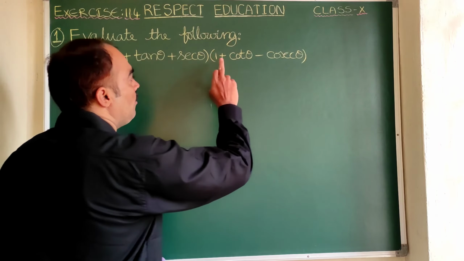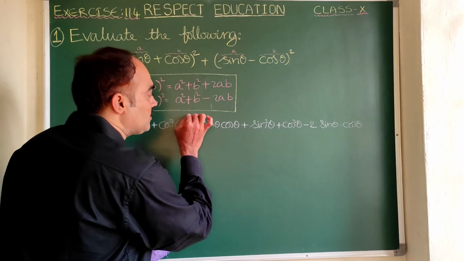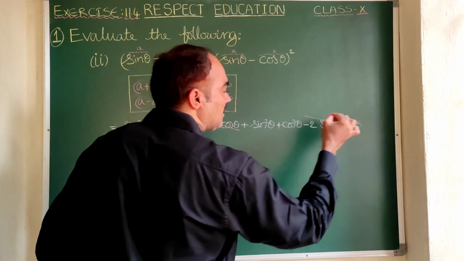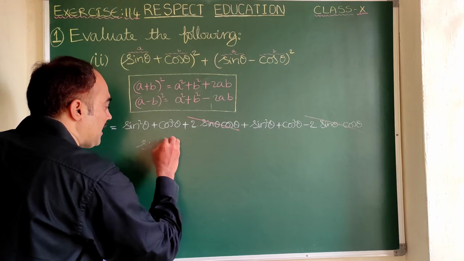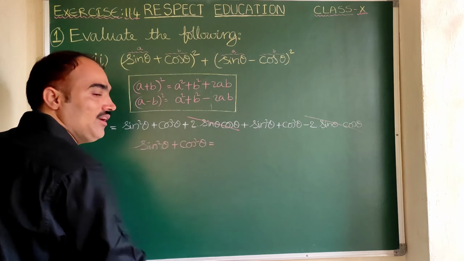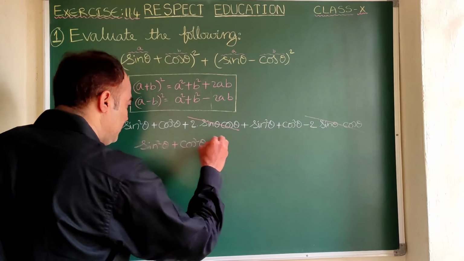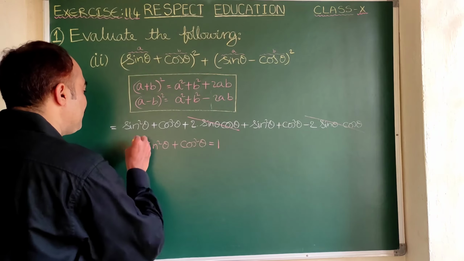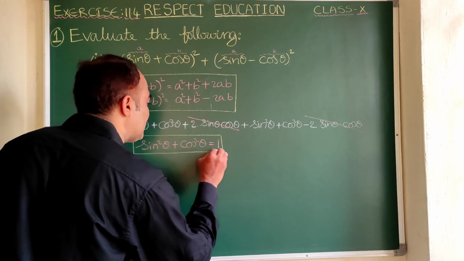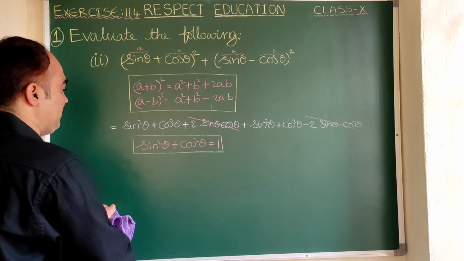Yes, sir. Now here, this plus 2 sin theta cos theta and minus 2 sin theta cos theta both get cancelled. And here we have one more formula from trigonometric identities, that is sin square theta plus cos square theta value is 1. So let us replace sin square theta plus cos square theta with 1 in the previous step.